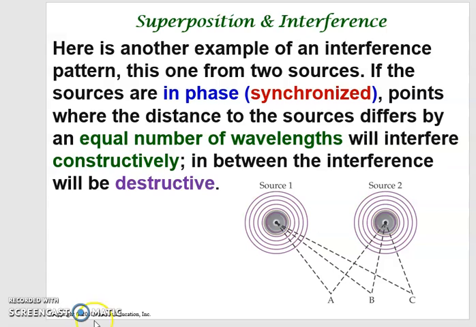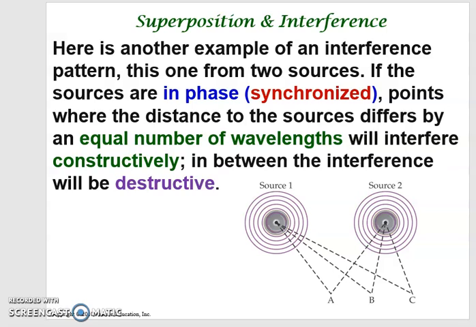For example, you have source 1 and source 2, and you have points A, B, C. You can treat points A, B, C as observers at different locations, and they try to detect the waves from sources 1 and 2 simultaneously.